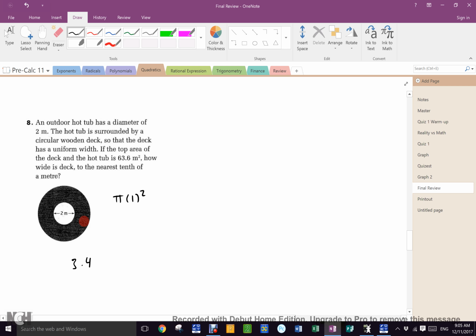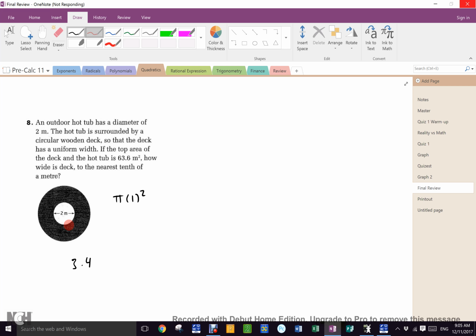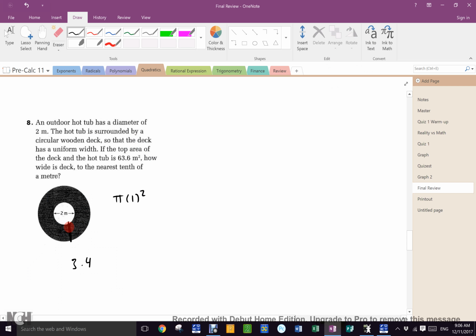Because if that is the case, then that must mean that since the whole thing is 63.6, right? If this part is 3.4, how far is this part? 1, right?